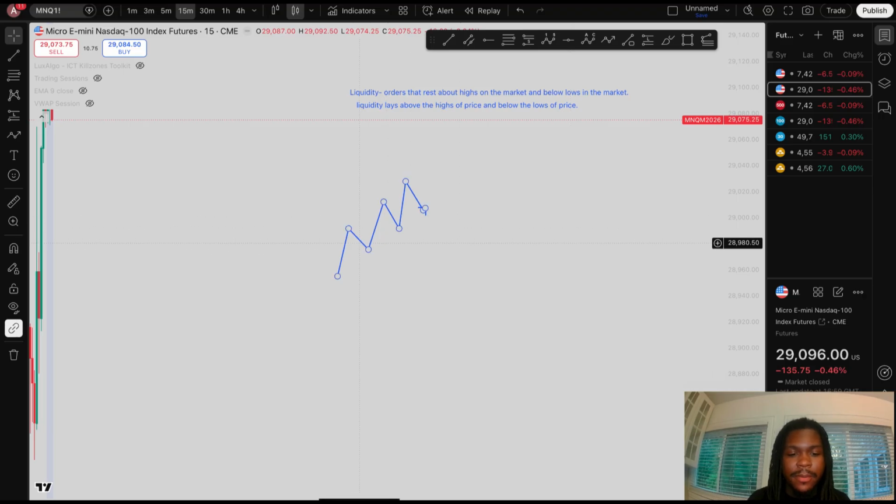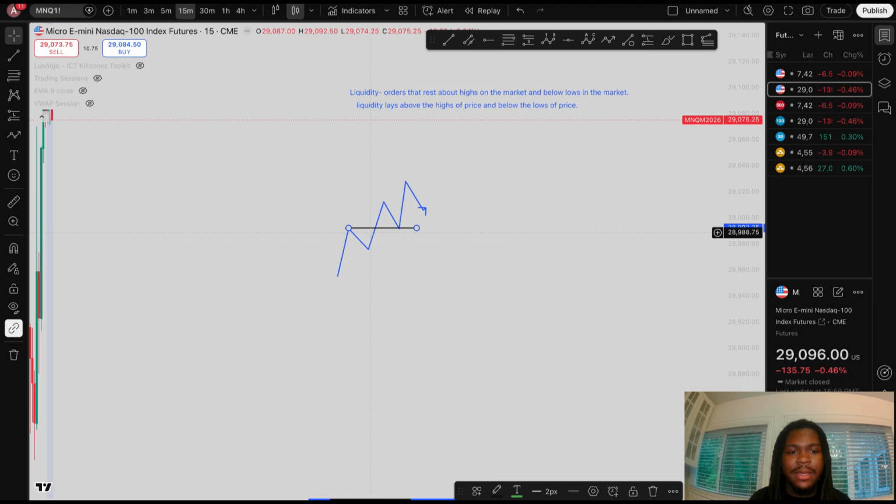So when the market goes higher and takes out these areas of liquidity, or takes out these highs, orders are being filled at the top of this move. Orders are being filled, and retail sellers are selling the market, or they're selling price and forcing price to go back down, because they're getting in at a premium.